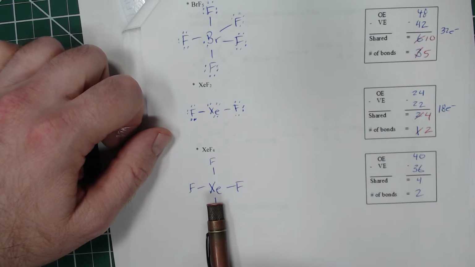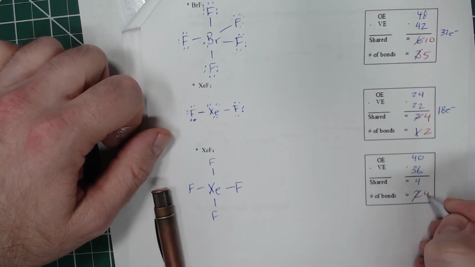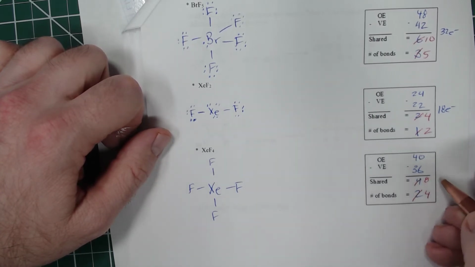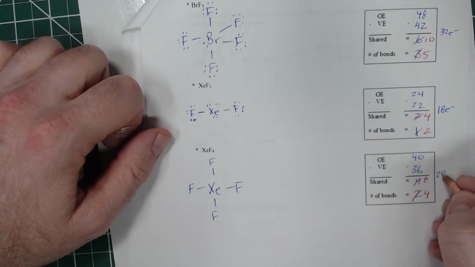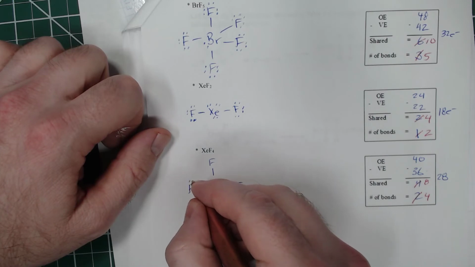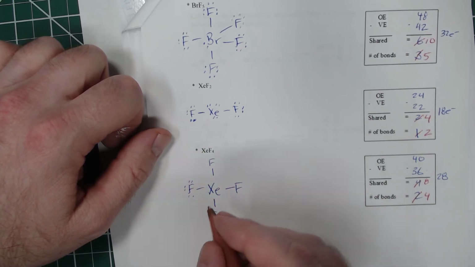That's 2 bonds. We've already got 4 bonds, so we're going to cross that out. We'll put 4, which means we've used 8 electrons. 36 minus 8 is 28. And so now let's go ahead and put those 28 electrons in there. So 2, 4, 6. 6 times 4 is 24.